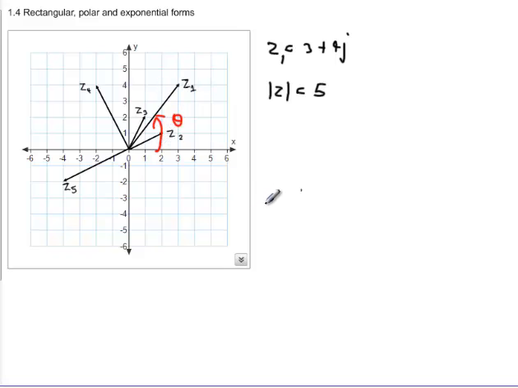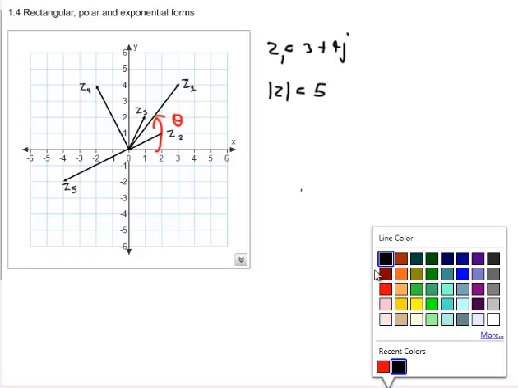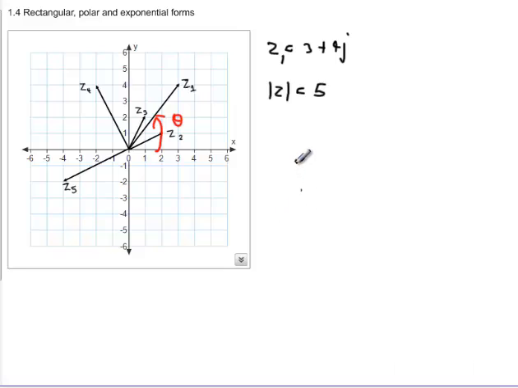Am I making myself clear? That angle is important also, because a vector is characterized by its magnitude, and also by its direction, and the direction is given by the angle.